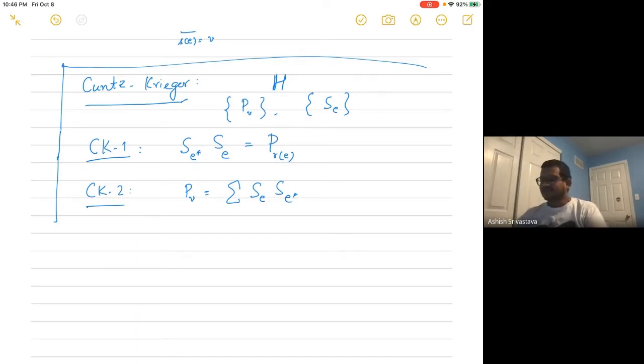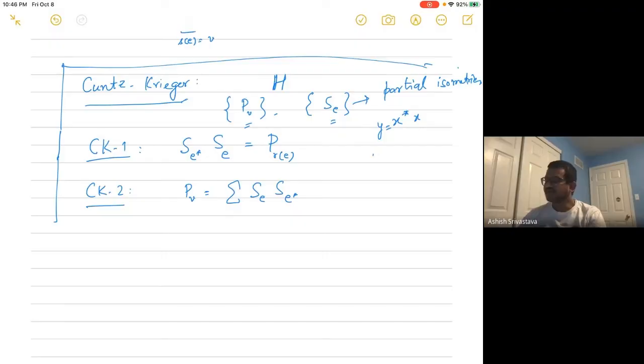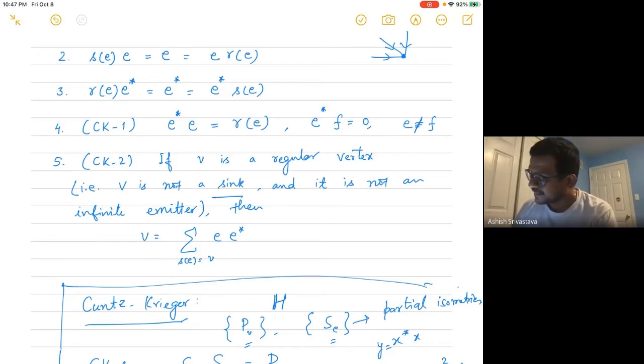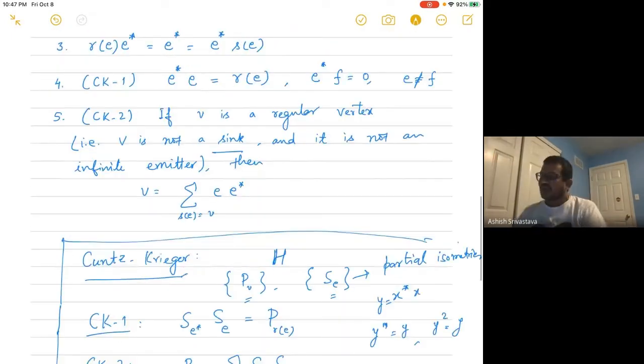So these are orthogonal projections, and these are partial isometries. Right? So partial isometry means what? Remember, x is called a partial isometry if you look at y equals x star x, that is a self-adjoint idempotent. So y star equals y, and y squared equals y, right? So that's the connection of these conditions. You can see it's just the same thing.